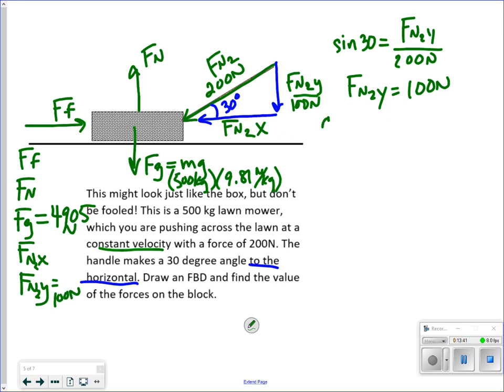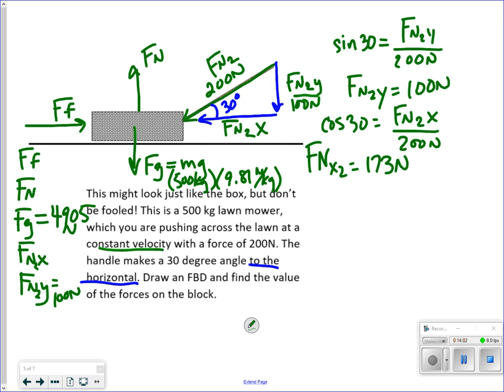Next one is going to be the cosine function. Cosine of 30 equals Fn2x over 200 newtons. So I'm going to multiply 200 times the cosine of 30. Fn2x is going to be 173 newtons. Okay, so that's 173 newtons this way.